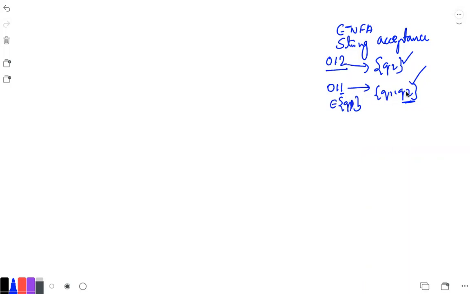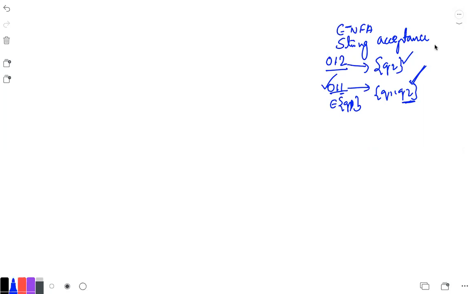It will be Q1 and Q2. So finally you get the final state Q2 as well as another state. This is also valid because there is one occurrence of a final state. That means there is a path that reaches the final state, so 0, 1, 1 is also deemed accepted.